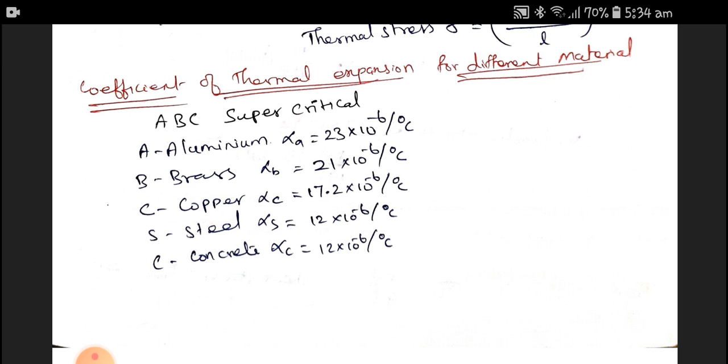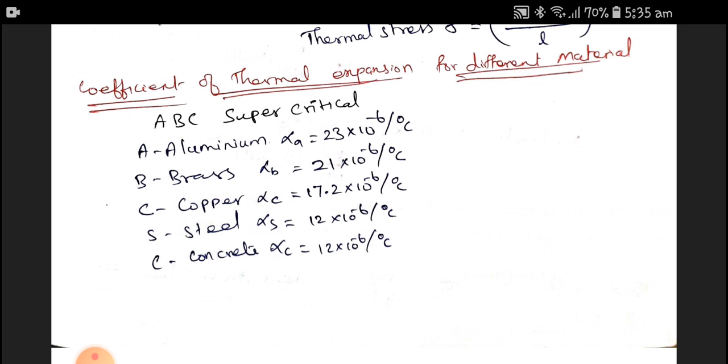So to remember, the first three materials, aluminum, brass, copper, have a higher coefficient of thermal expansion, because with a higher value they can expand much faster.